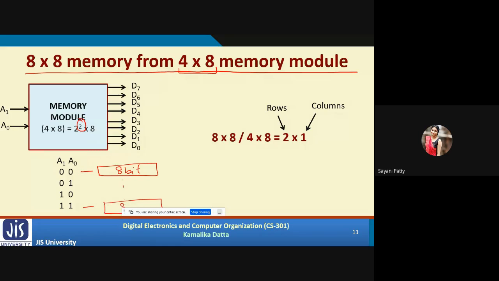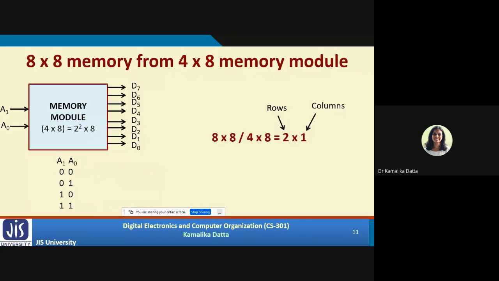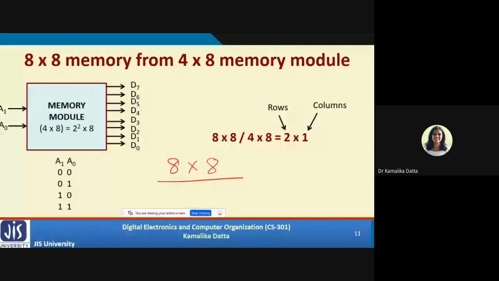Yes, ma'am. Now, if you have to make an 8x8 memory module, what you need to do? You just divide the larger module by the smaller module.